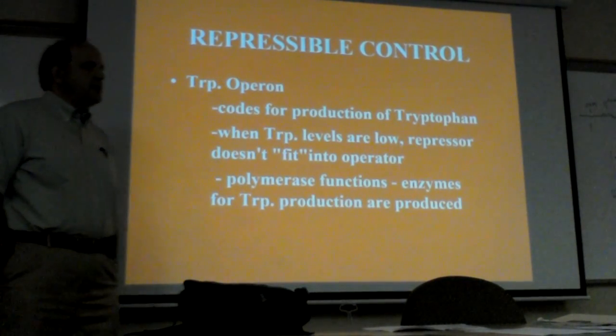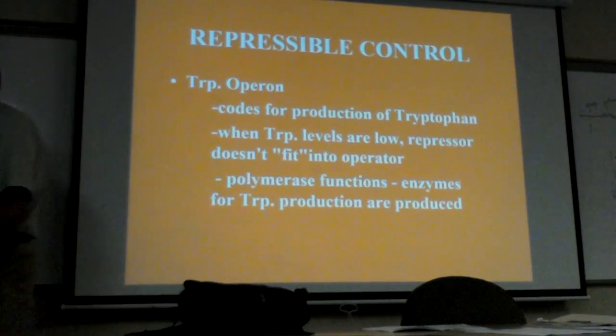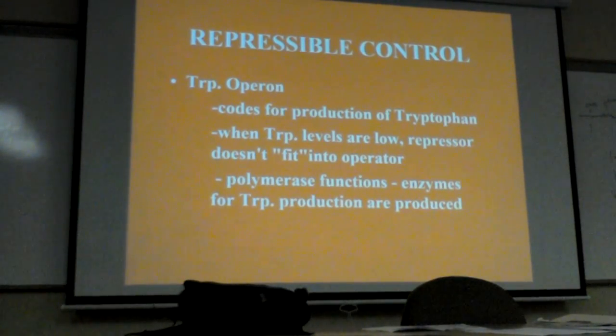Well, sooner or later, the cell's going to have enough tryptophan. It's making what it needs. Eventually, it has enough. And again, we're talking about systems tending not to be wasteful, so you don't want to make tryptophan you don't need.